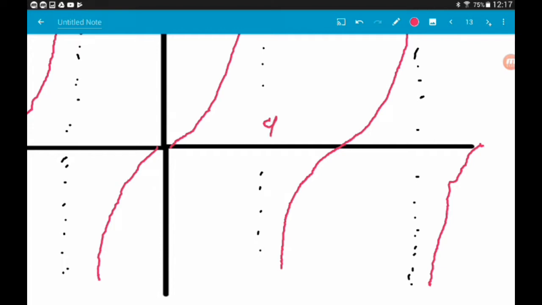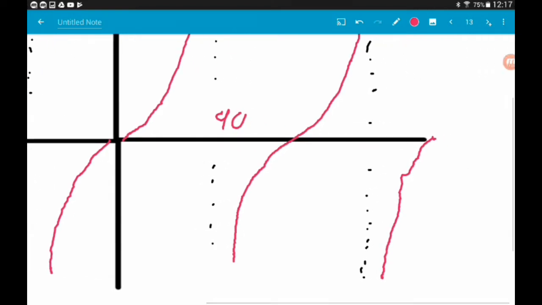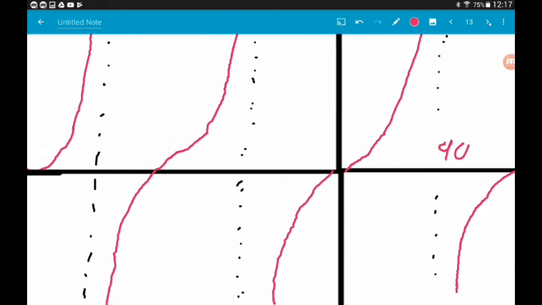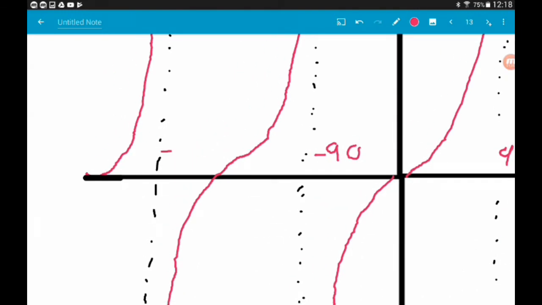So 90 degrees, then again at 270 degrees, and then at minus 90 degrees, and at minus 270 degrees, and every 180 degrees to the left of minus 270, and every 180 degrees to the right of positive 270.